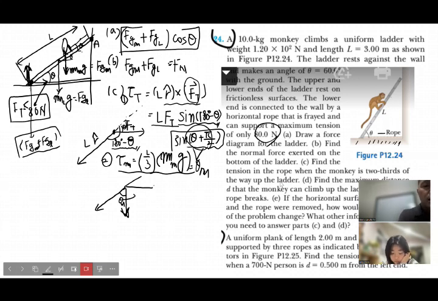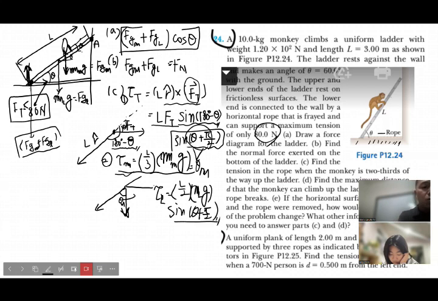So that is the torque for the monkey. Now we estimate the torque from the ladder, which is L over 2, because the center of mass sits in the middle of the ladder, times the mass of the ladder m_l g times sine of theta plus pi over 2.